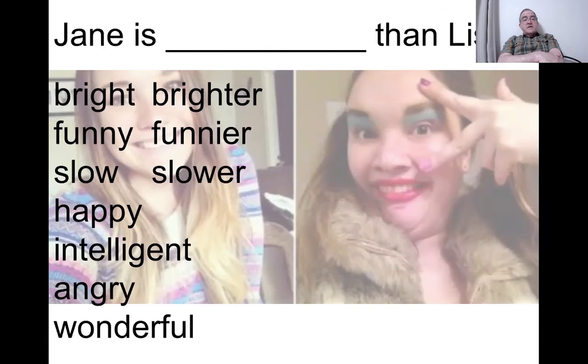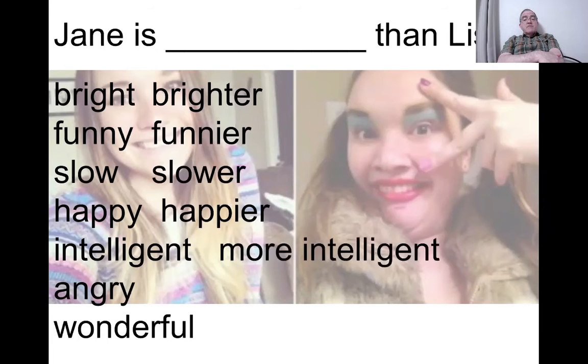Happy. Jane is happier than Lisa. Intelligent. Jane is more intelligent. Okay, intelligent. That's 4 syllables. And if it has 4 syllables, it's going to be more.